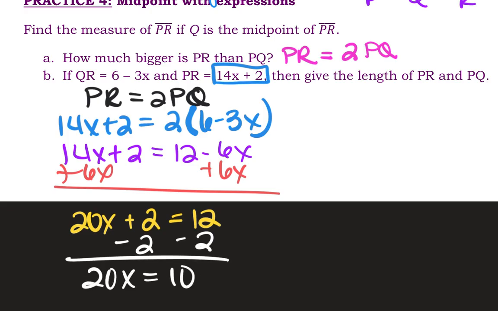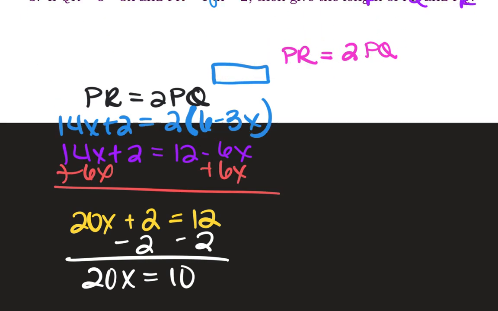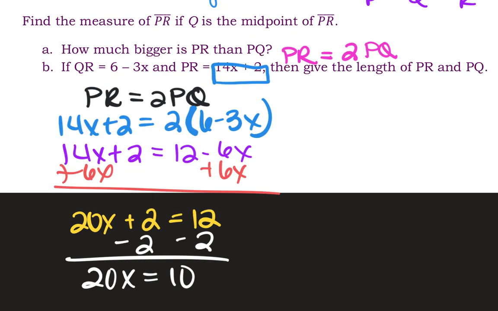And then what would be our last step? Divide by 20 or divide by 10? 20. I put that there on purpose, and you were going to say 10. It's supposed to be 20 down there. What is our x value? 0.5.